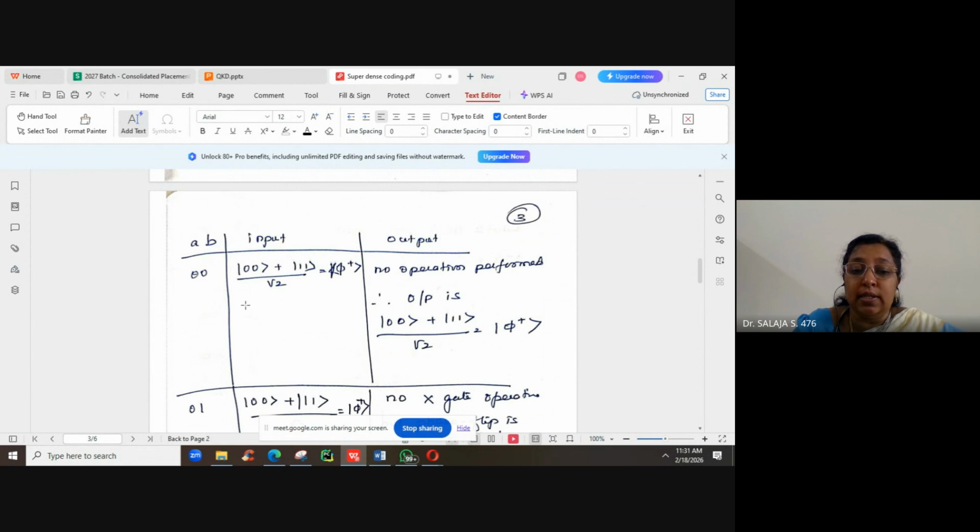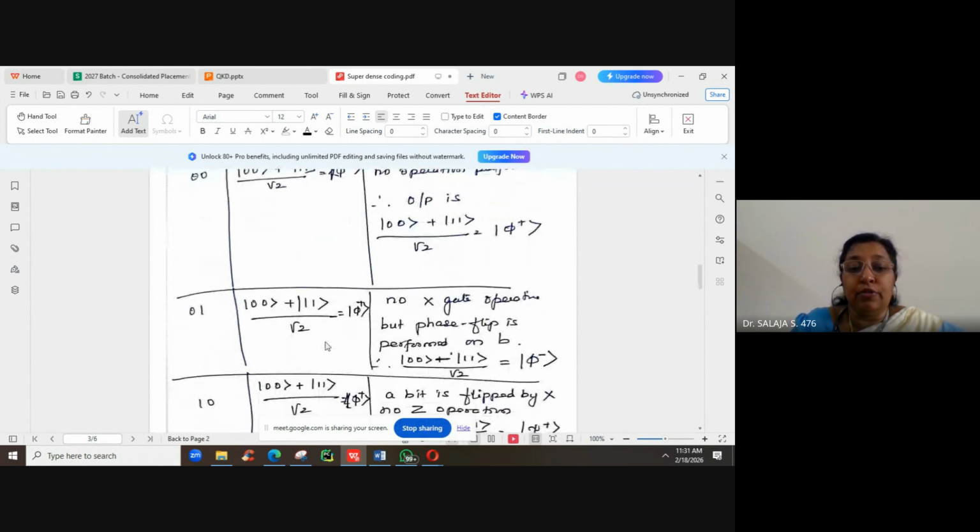It is ket 00 plus ket 11 by root 2. Since A and B are both 0, neither the X gate operation nor the Z gate operation is applied, and the output transmitted from Alice to Bob is phi plus as it is, which is ket 00 and ket 11, the whole by root 2.